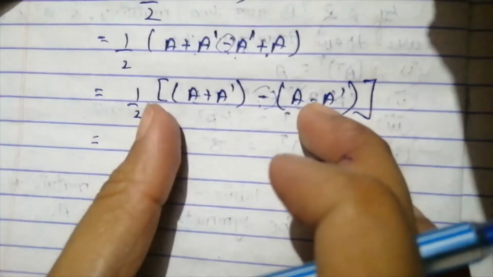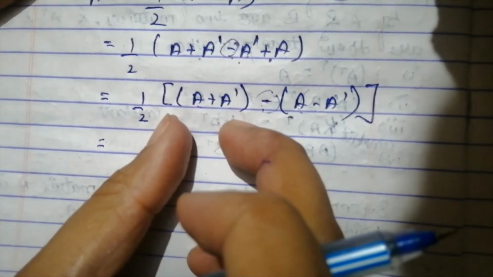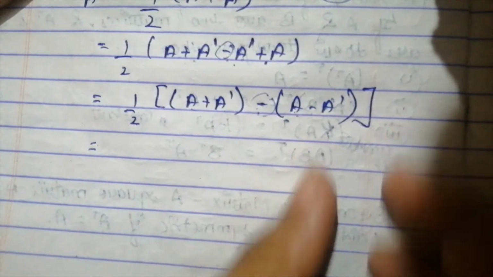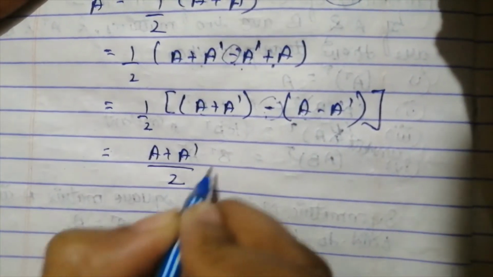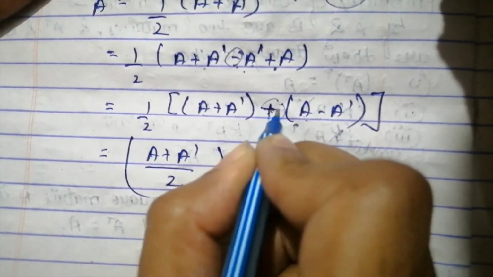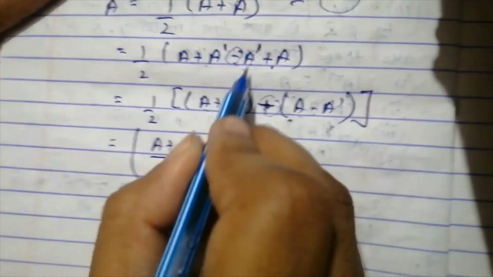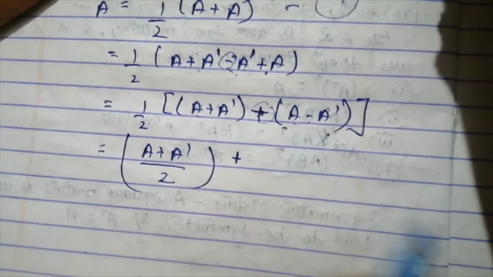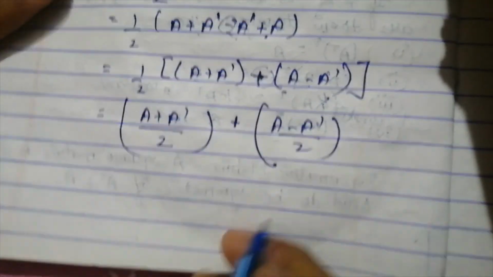Now we will split both parts, that is A plus A dash upon 2 and A minus A dash upon 2. So A plus A dash upon 2, sorry, it will be a plus sign. We take the negative sign inside, that's why A minus A dash, and A minus A dash upon 2.